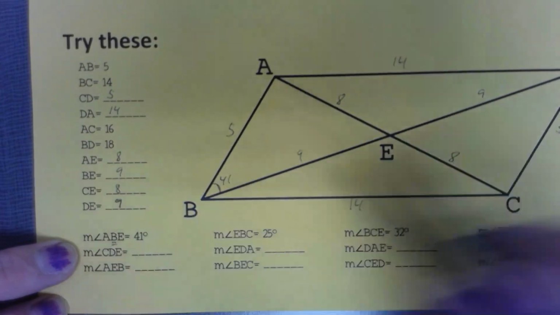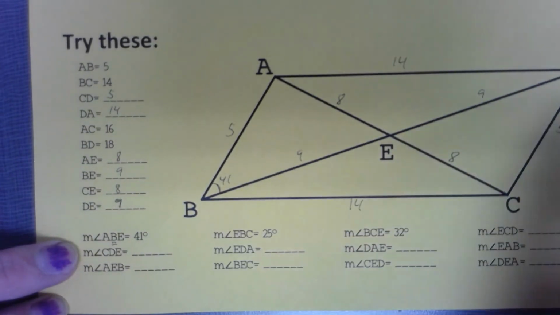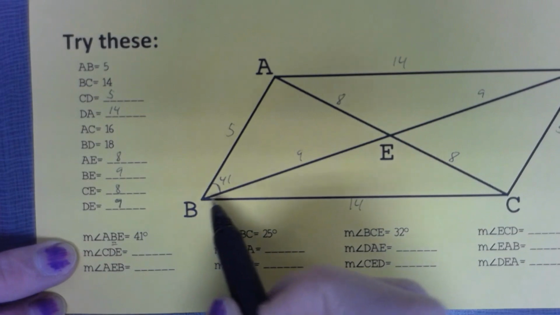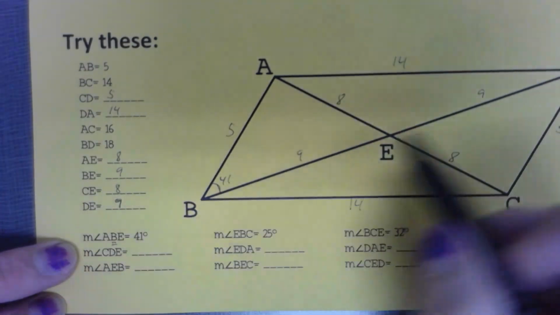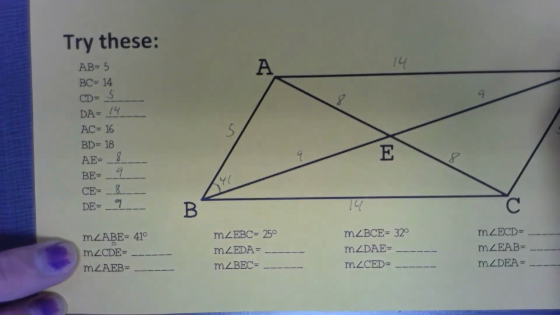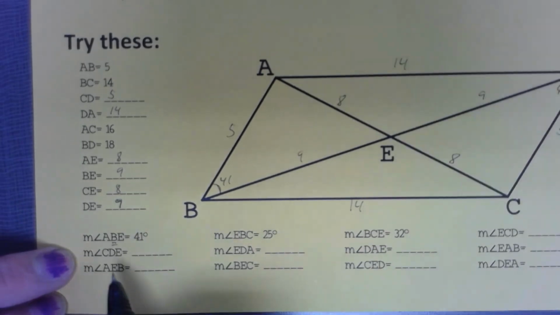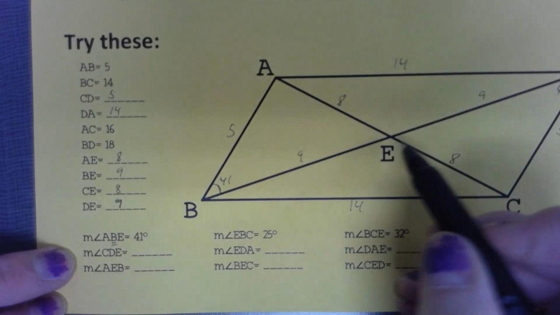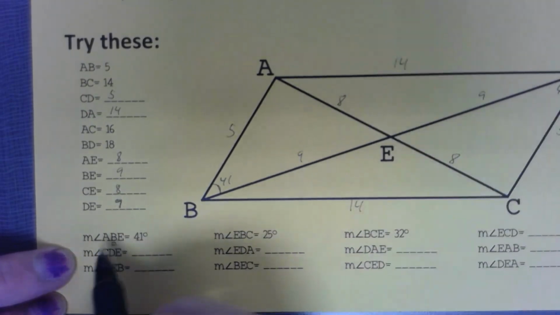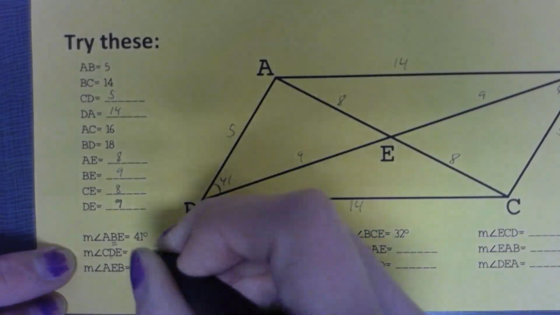Since BA and DC are parallel, this diagonal is a transversal that creates these alternate interior angles. This one over here is also going to be 41. So angle CDE, D is in that middle there, also 41.